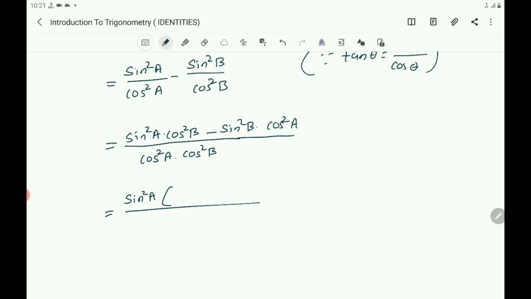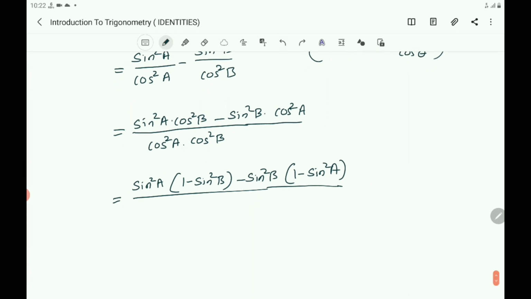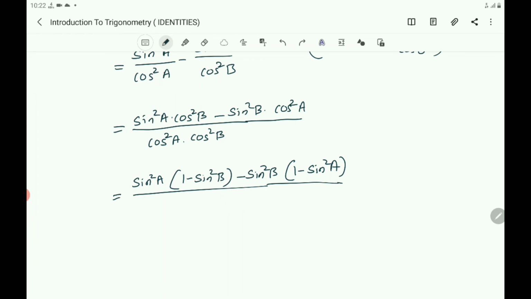So here cos square B becomes 1 minus sin square B, minus sin square B as it is, and express cos square A in terms of sin square A. Cos square A is 1 minus sin square A. And next you write the denominator as it is, that is cos square A into cos square B.